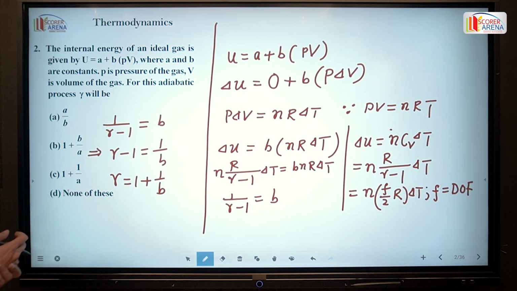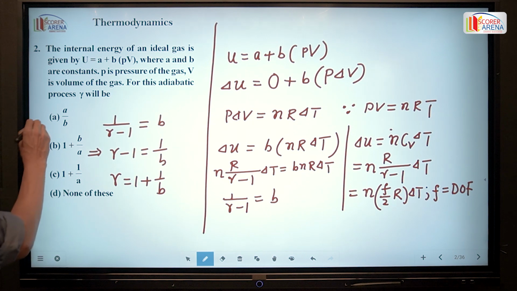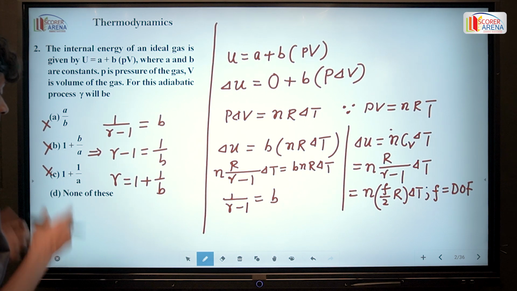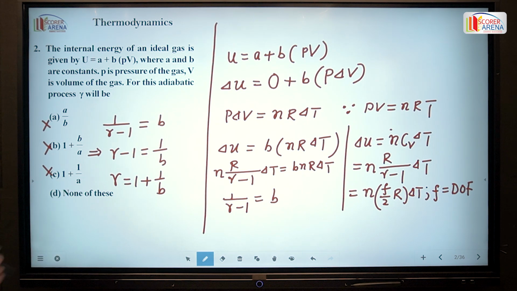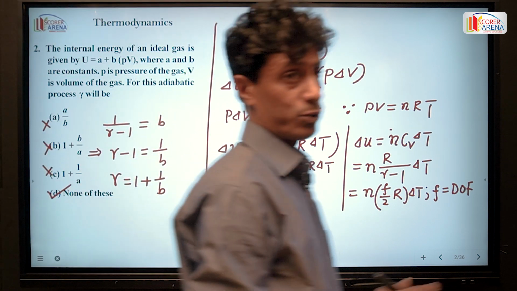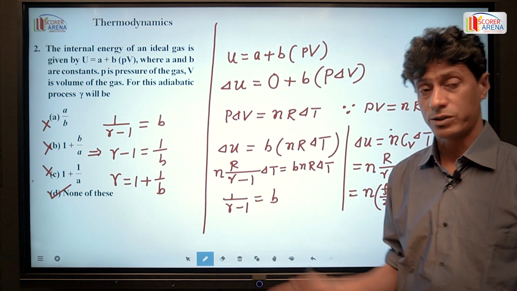But here no such option is given. So A, B, C are all incorrect, and one option is given, none of these. So here we have to take option D, because no option matches our answer.